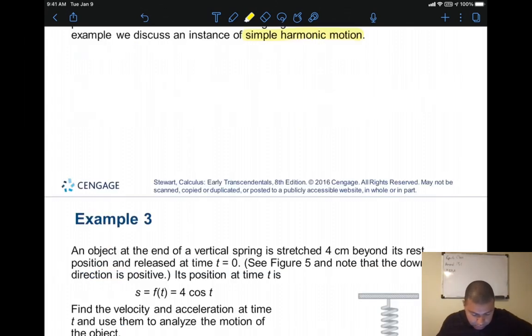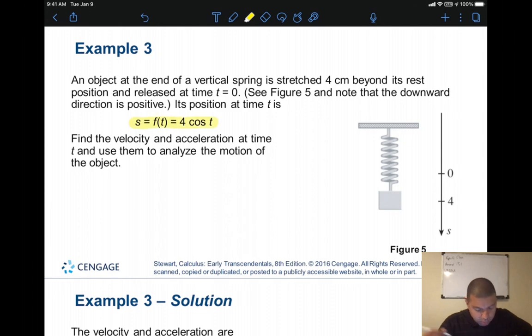And the idea of simple harmonic motion is that you have an equation like this one. You see the equation as a function of time, using cosines, for example.